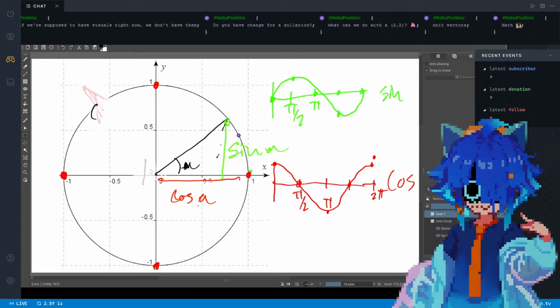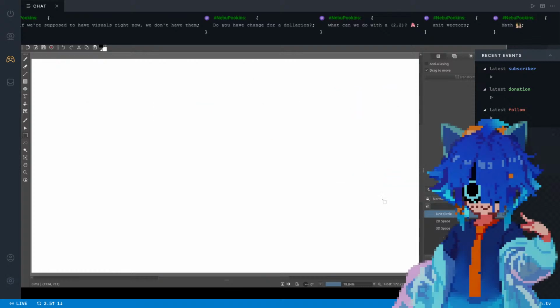So, shifting back to the idea of matrices, let's not start with the rotation matrix. Let's start with a simpler matrix. So we're going to take the matrix 1, 0, 0, 1, and then we're going to multiply it by the vector 2, 2.